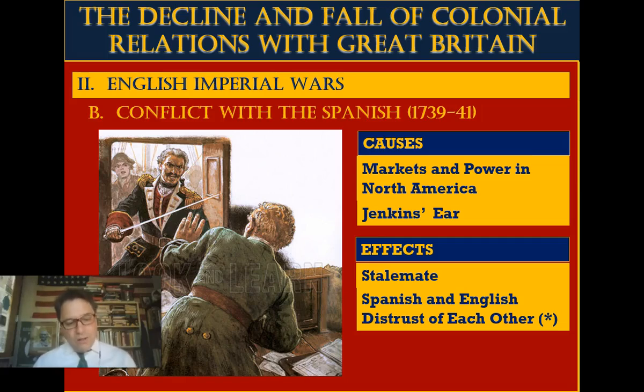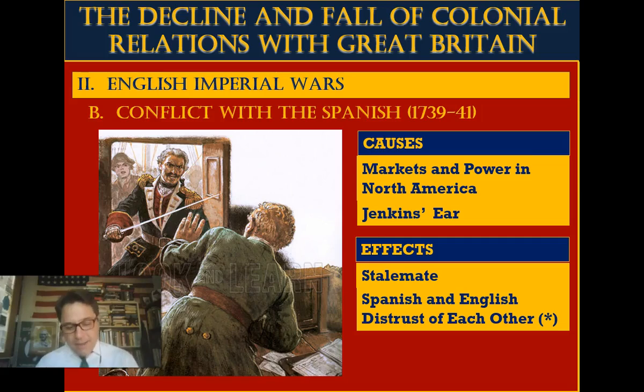You will recall that it was fear of Spanish aggression that caused England to add its first layer of bubble wrap, which of course was Carolina, and then a second layer of bubble wrap that was Georgia. And eventually, you knew that these two sides would renew their rivalry, and they did in a short war that took place along the Georgia coast starting in 1739. How and why? Well, it's a strange story.